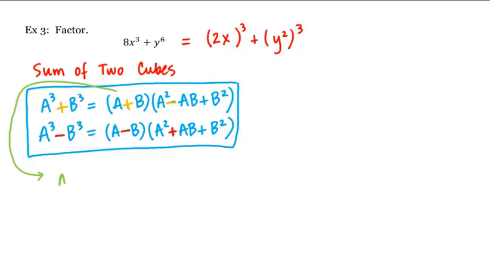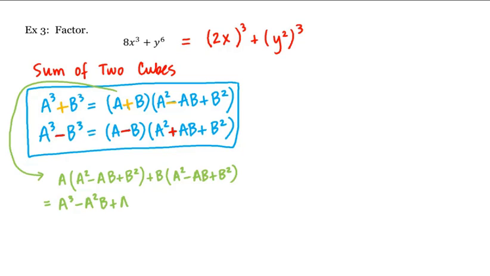That is, we have a times (a squared minus ab plus b squared), and then plus b times (a squared minus ab plus b squared), which is equal to a cubed minus a squared b plus ab squared plus ba squared minus ab squared plus b cubed.